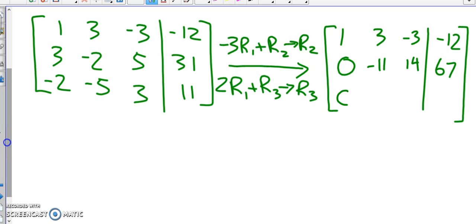That's going to be a 0 because that's the whole point. 2 times 3 is 6 plus negative 5 is 1. Ooh, that's cool. That's always nice. Negative 6 plus 3 is negative 3. And then negative 24 plus 11 would be negative 13.